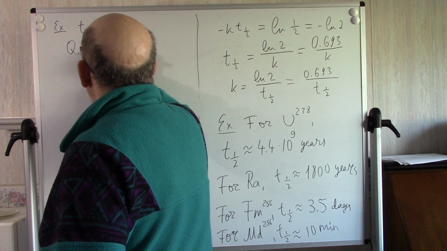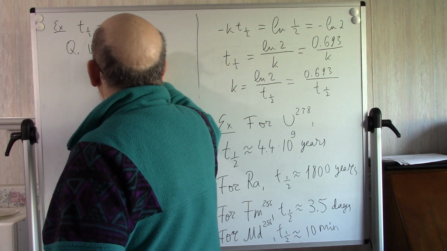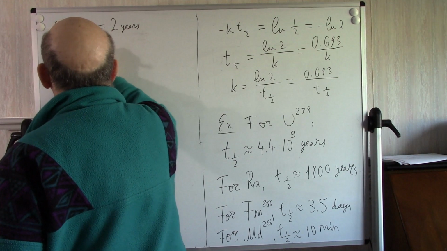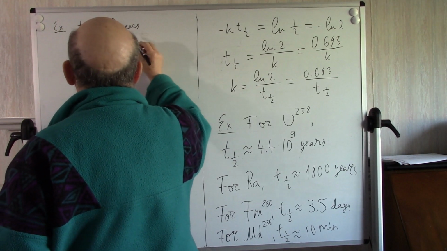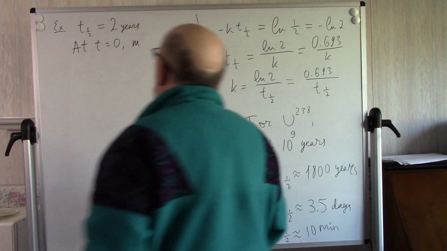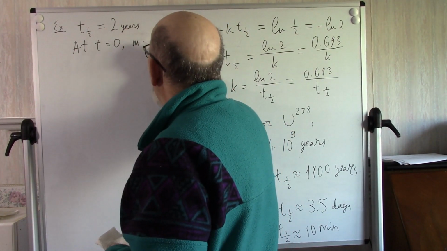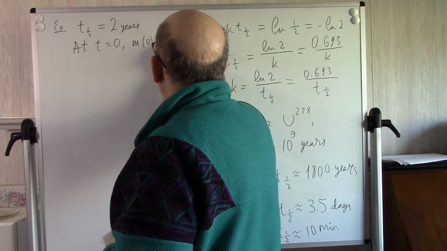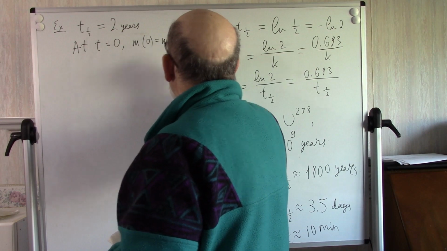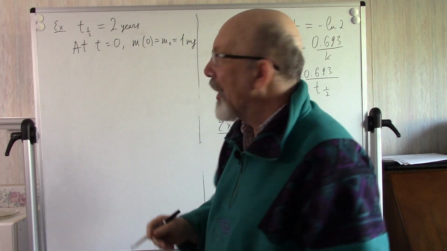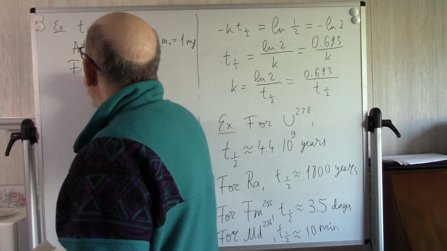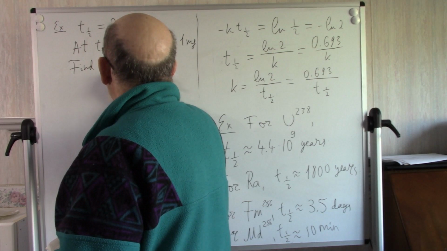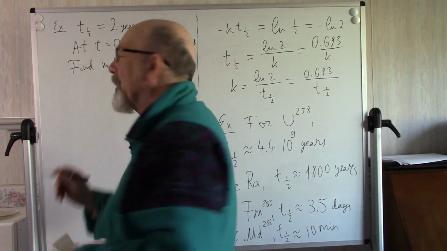The question: initially, the mass of the sample m0 equals 1 milligram. So find the mass at time t equals 3, measured in years.